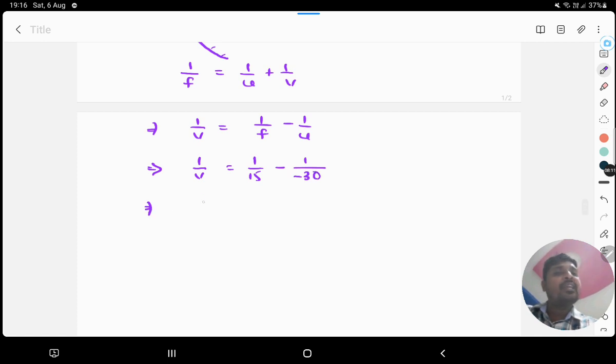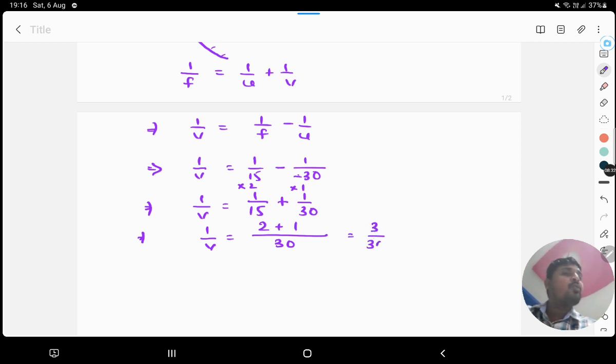So 1 by v equals 1 by 15, minus of minus is going to become plus 1 by 30. Now 1 by v equals, 30 is the LCM. 15 in 30, it is 2 times, 30 in 30 is 1 time. This is 2 plus 1, which is equal to 3 over 30. Now the v value is the reciprocal of this, that is 30 over 3, which is equal to 10 centimeters.